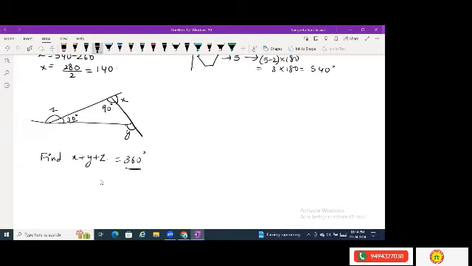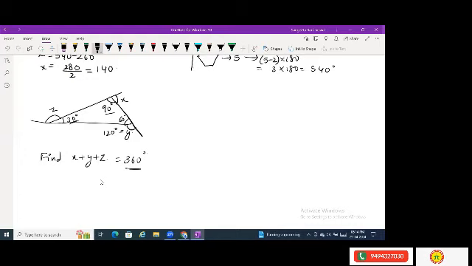So this is 90, this is 30. So 30 plus 90 is 120. So 180 minus 120 will be 60 degrees. So that means this angle is a 60-degree interior angle. So if the interior angle is 60 degrees, the outer angle is 120 because they are forming a linear pair here.